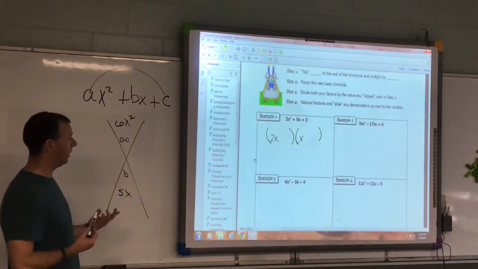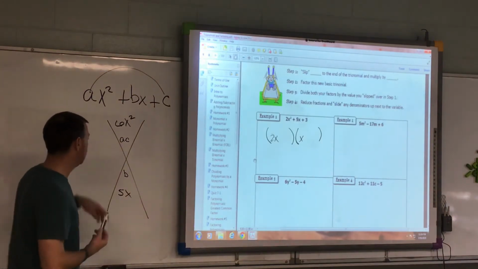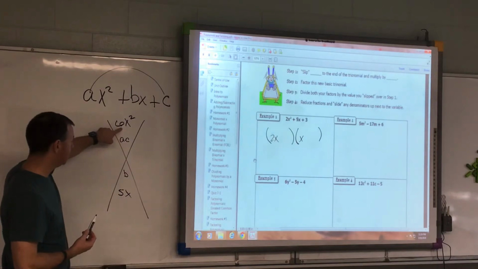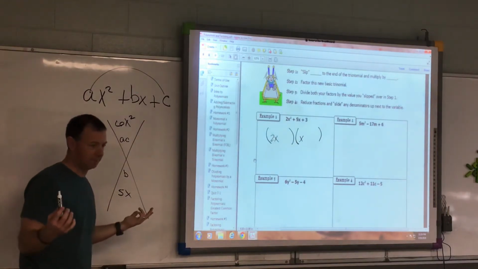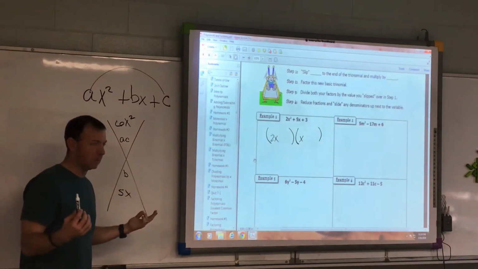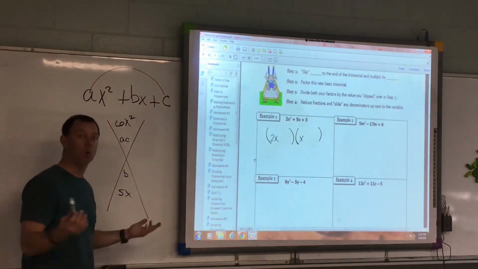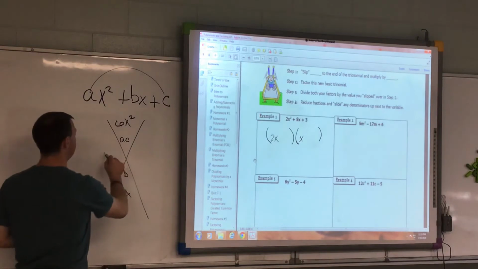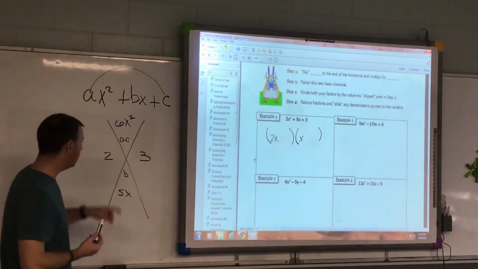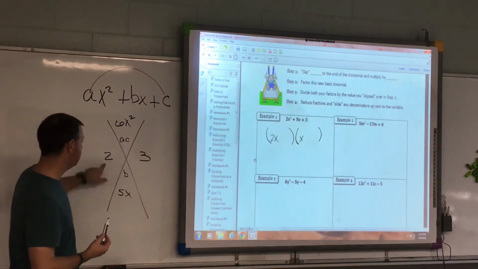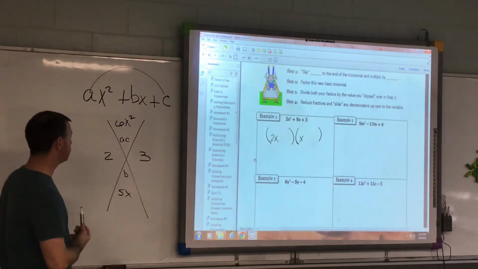So now I start thinking, what are my factors of 6 that add up to 5? Well, 2 times 3. If I put my 2 there and my 3 there, 2 times 3 is 6, and 2 plus 3 is 5.